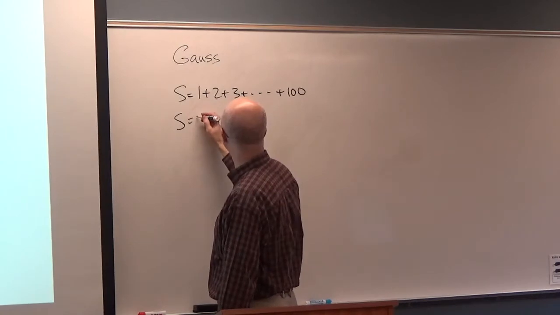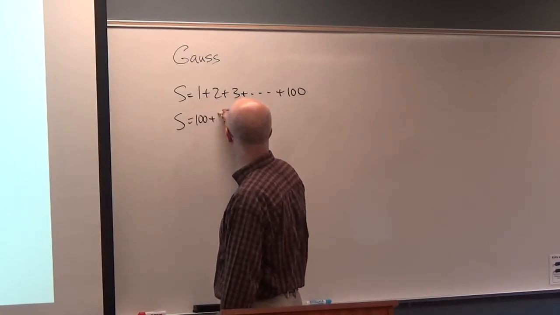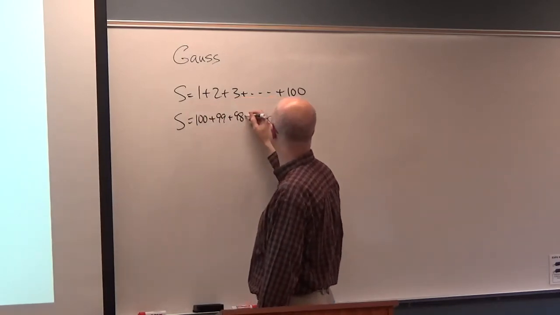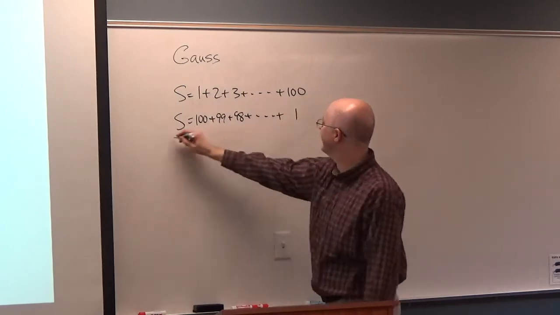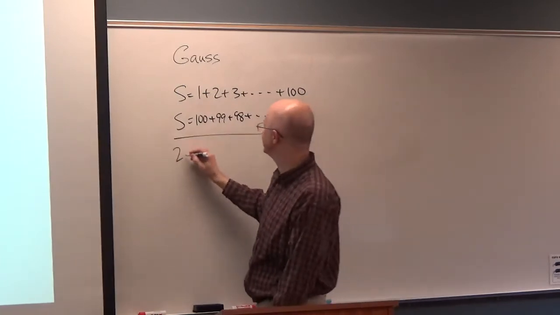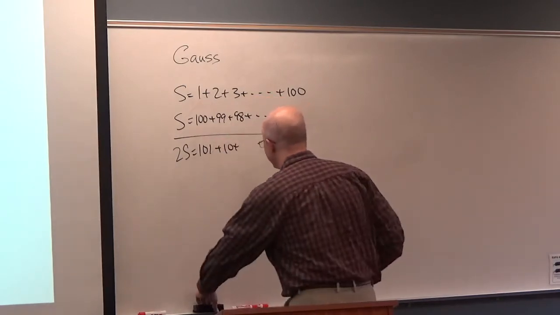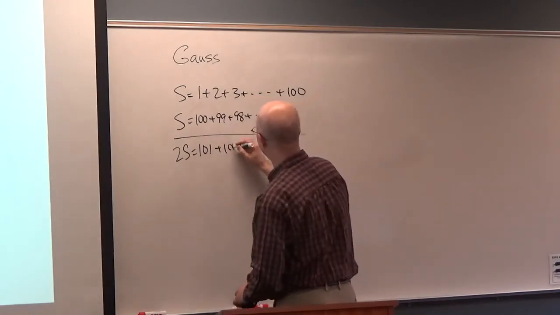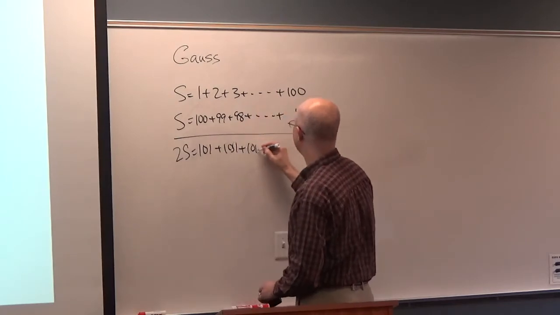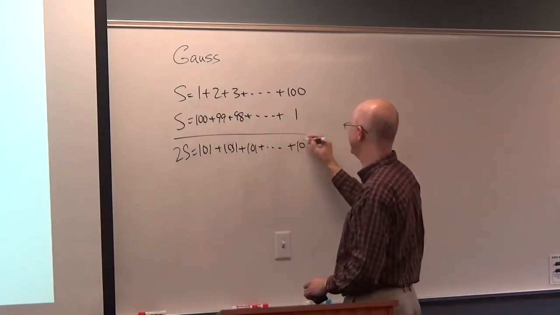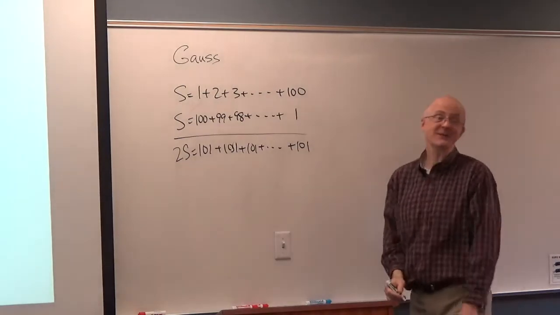Well, Gauss knew intuitively the commutative property and said that also equals this. Let's add those two equations to say 2S equals a bunch of 101s added together. Right? Thinking vertically here. How many 101s? 100 of them.